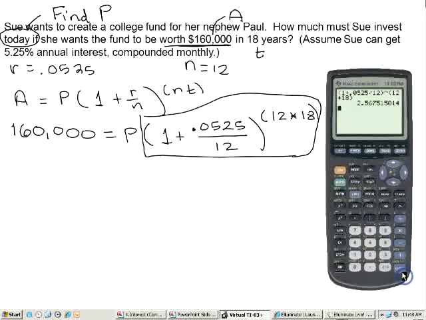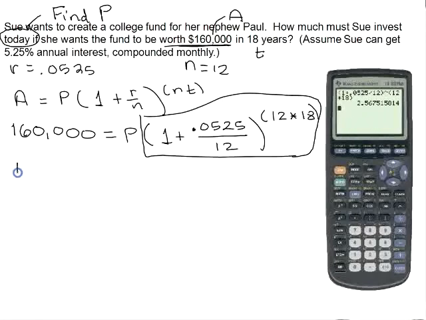When we hit enter, we get this number. Now, what we have is 160,000 equals P times this number. Do not round this number. This is not the final answer, and you never round on intermediate steps.